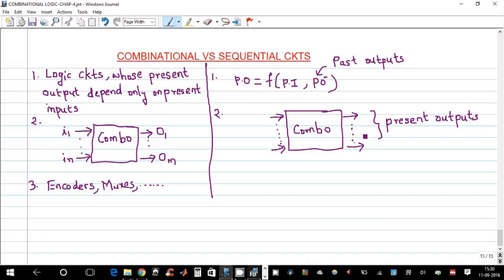So how can we make them past? Just give these present outputs to a register, which is nothing but a storage element. That will make the present outputs the past outputs. So we require a register here with the input as D, output as Q. Let's say some of them will come and store in this register, whose outputs are given as inputs again to the combinational circuit.